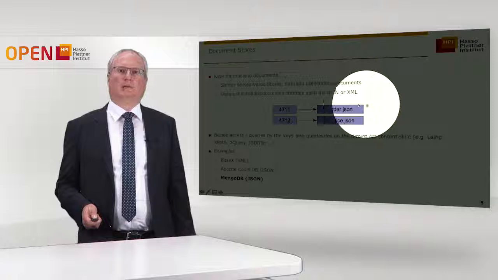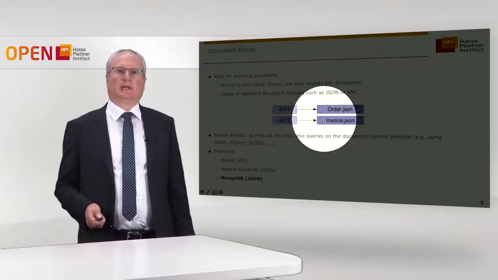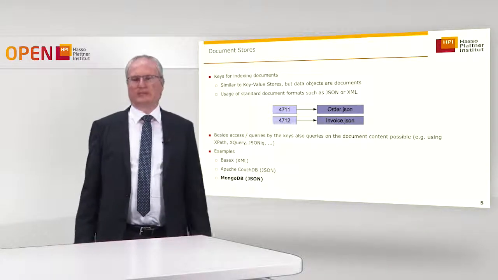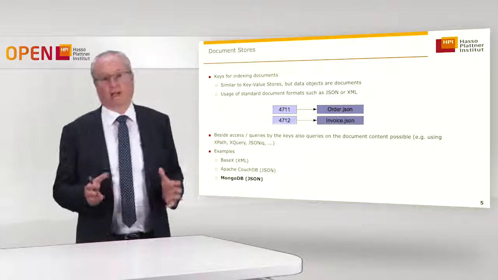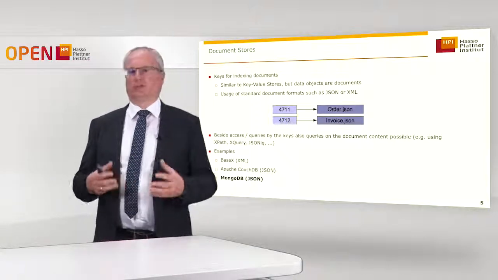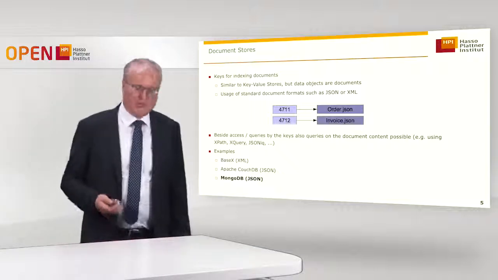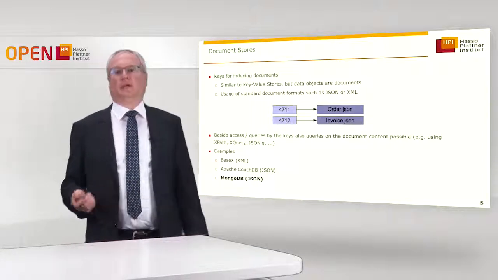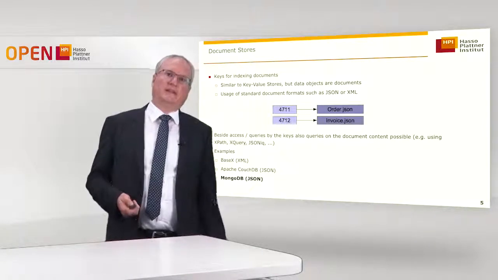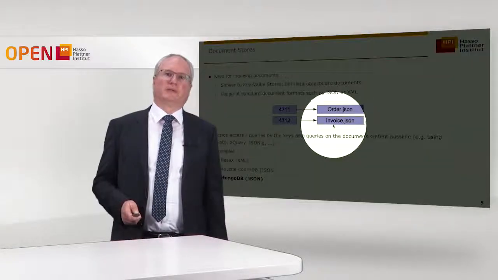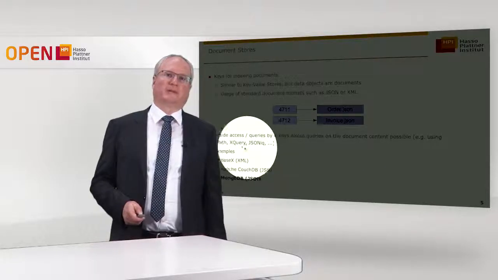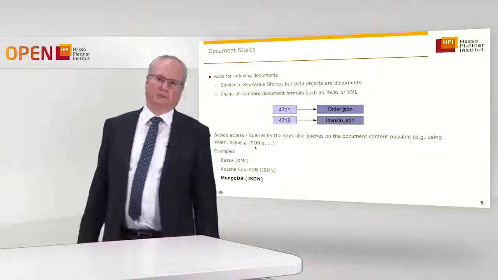But the document now may be a JSON structure or an XML structure, typically. And every document can be different, so there's no fixed schema like in a relational database. But the objects have a structure, and a structure makes it possible to search and retrieve data according to the content of the document as well. So these types of database systems are rather similar to key value stores, but the document has a structure, and therefore it's searchable and retrievable using query languages that work on documents like XQuery, XPath, and JSONiq.